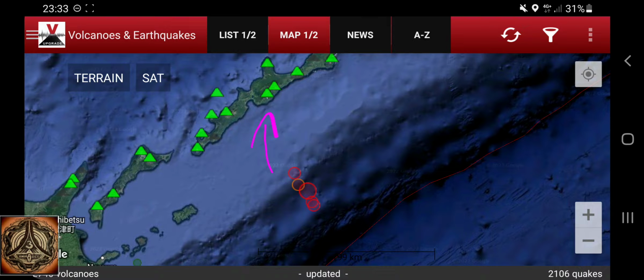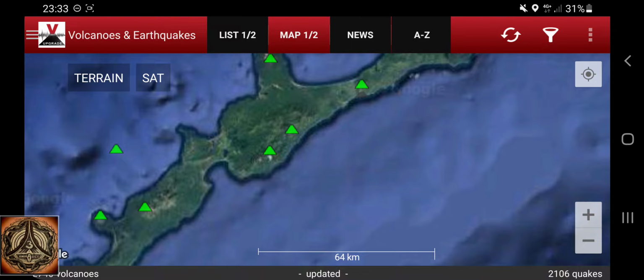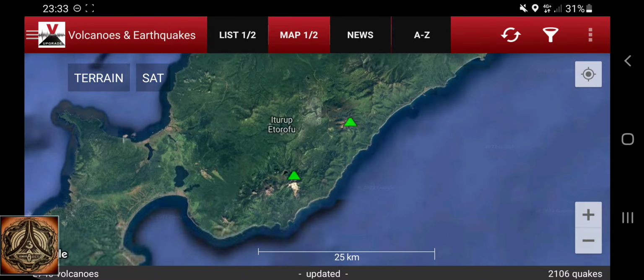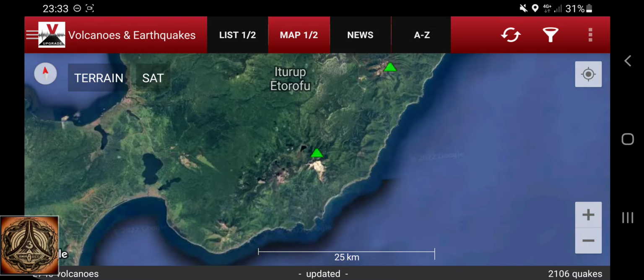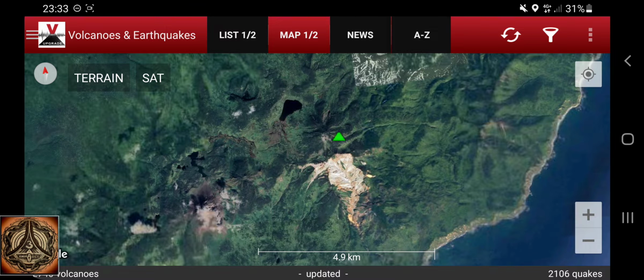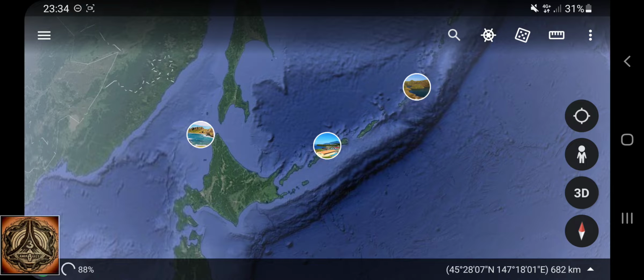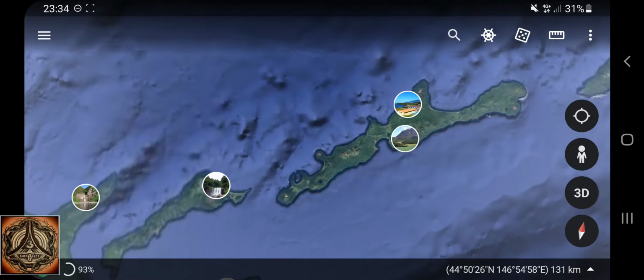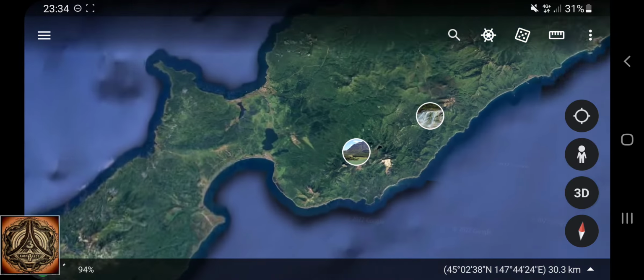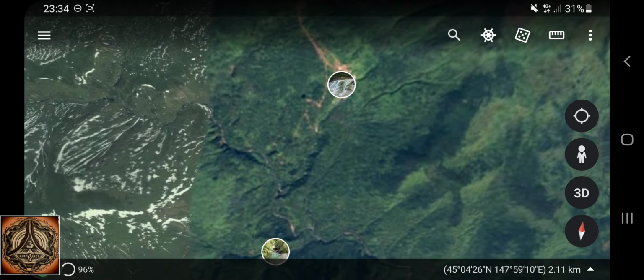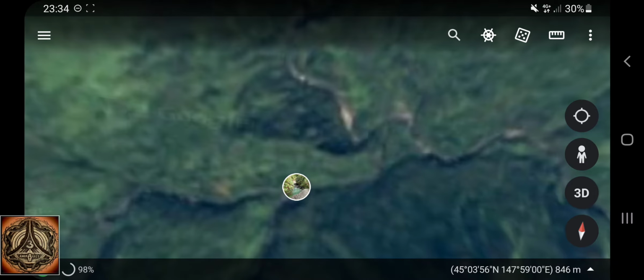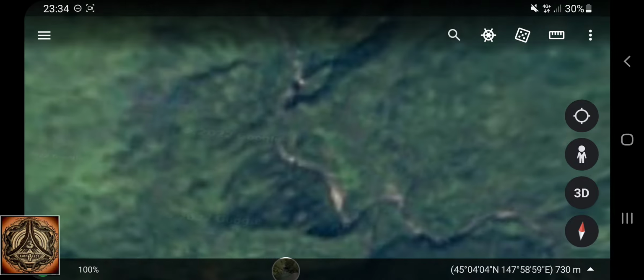So we have many volcanoes, and we go over here to check something because I noticed this white patch here. So I went over to Google Earth. Good old Google Earth. It would be much more fun to do this with a computer, because flying around and showing stuff is much easier on Google Earth with a computer.